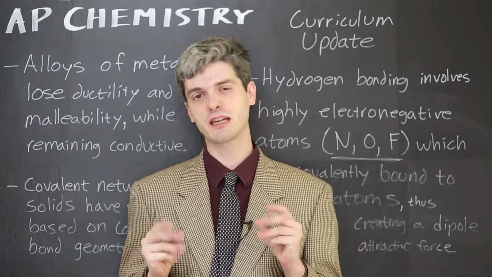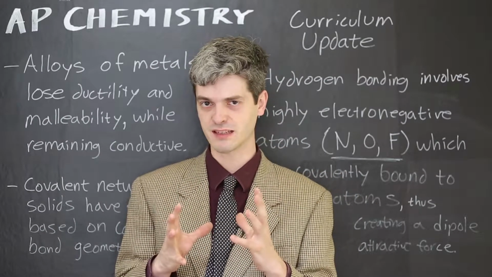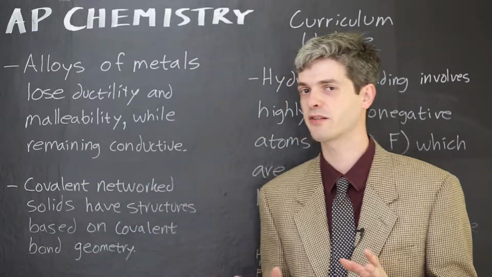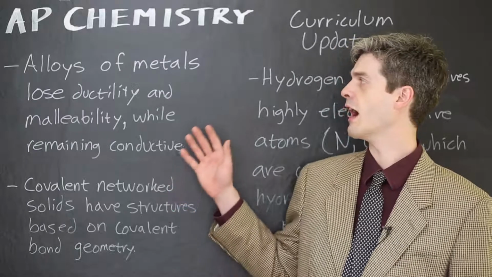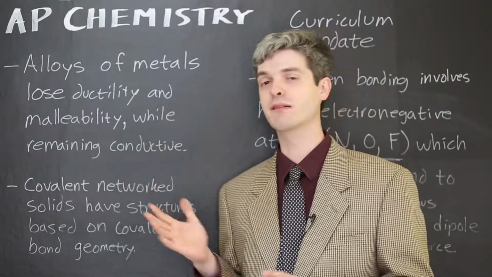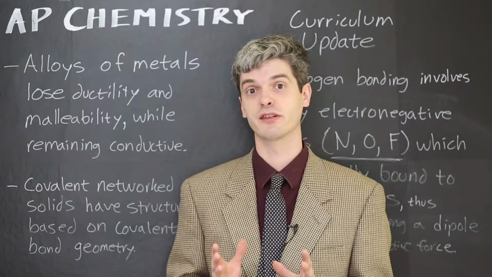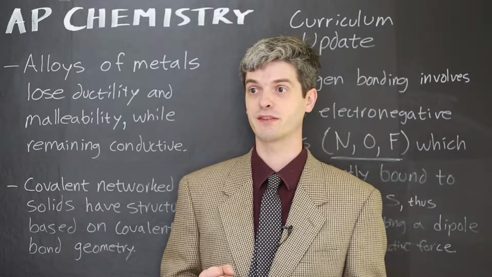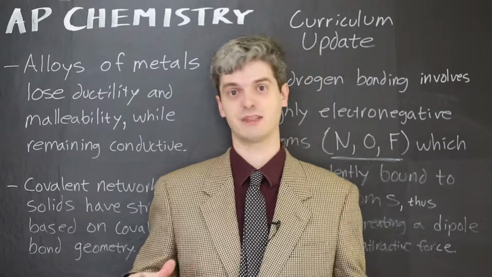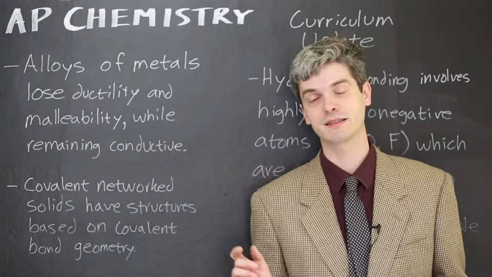So this particular property of alloys, where you end up with something harder than the two things that you started with, seems to be particularly stressed in this curricular update. Alloys of metal lose ductility and malleability, which is what it means when we say that something gets harder. If something is soft, then you hit it with a hammer and it takes the new shape that you've been beating it into, which is what malleability means.